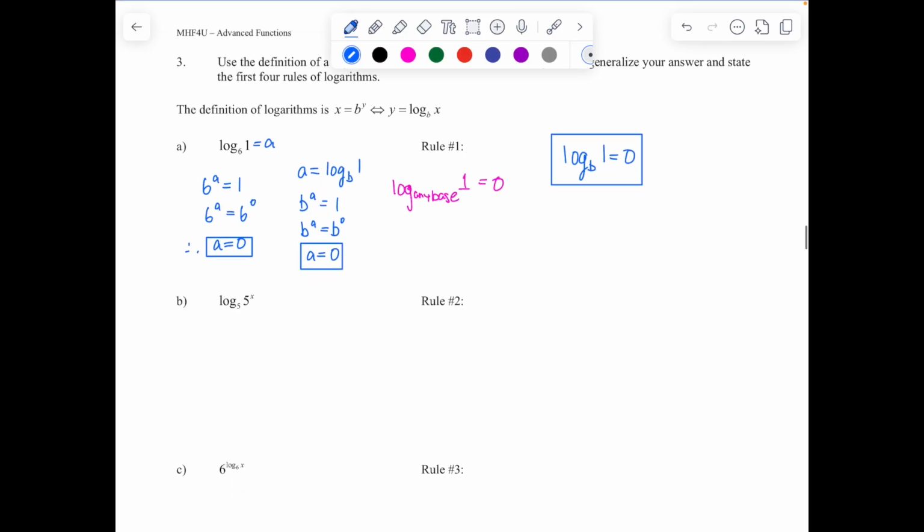We're going to keep going with many similar things. So if I let log base 5 of 5 to the power of x equal a, I can rearrange this, and it looks a little bit funny, but if we take the same steps as before, it's this base to this exponent equals 5 to the exponent x, and right away we get that a equals x.